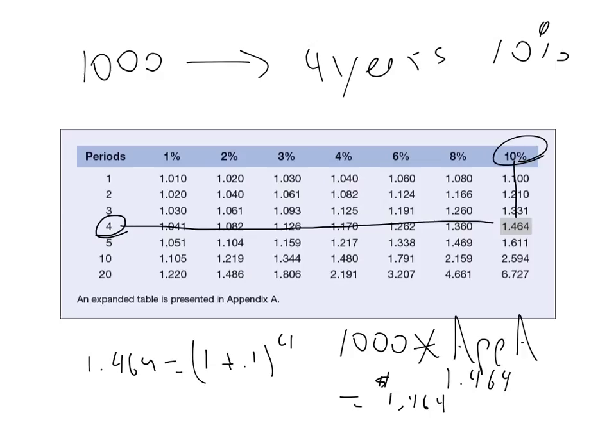So this is a very simple example of future value of a single amount, and we can apply this for any time period. I think the Appendix A that you have goes up to 50 years, maybe more, and a wide range of interest rates. And so we can use this Appendix A table to answer any number of future value questions, future value of a single amount.